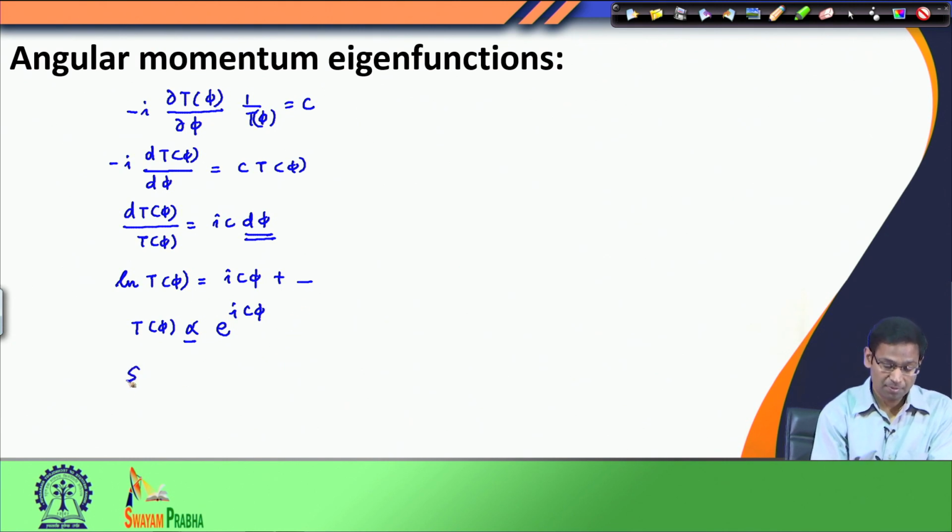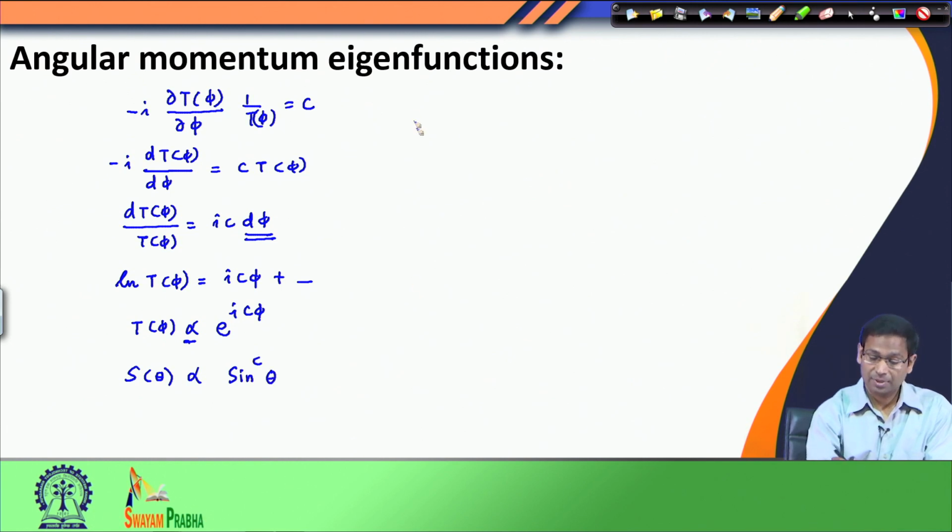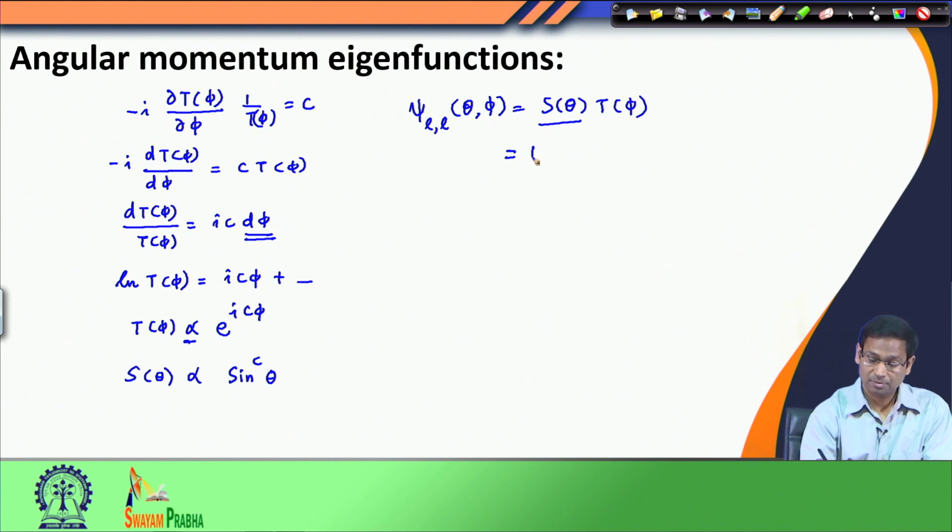If you remember what we had, S of θ is proportional to sine to the power c θ. So, we had defined ψ_LL(θ, φ) as S of θ T of φ, and now what we get is that some constant, because each of them will have some constant term.